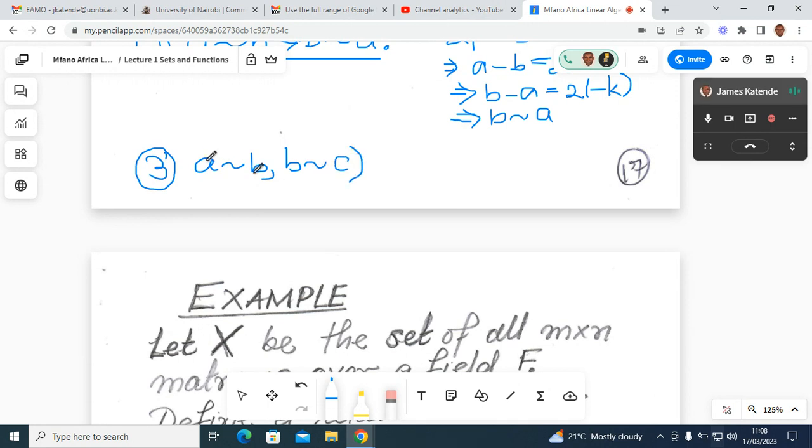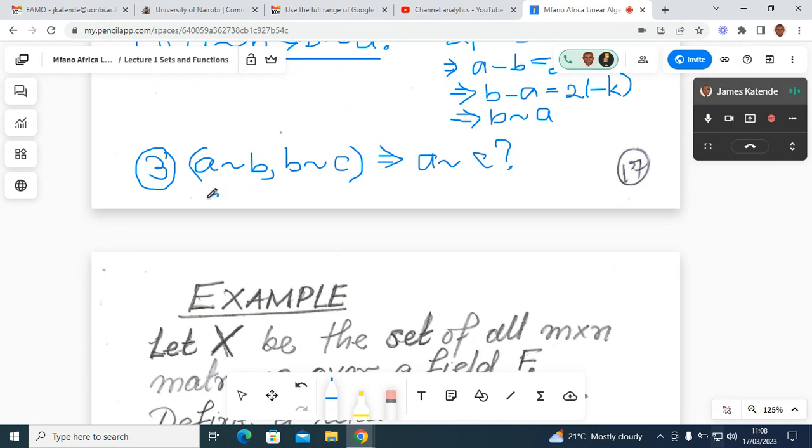So if these are true together, at the same time, will they imply that a is also related to c? If we can prove that, then we will have shown that the equivalence relation is transitive. So that's the question we want to answer.